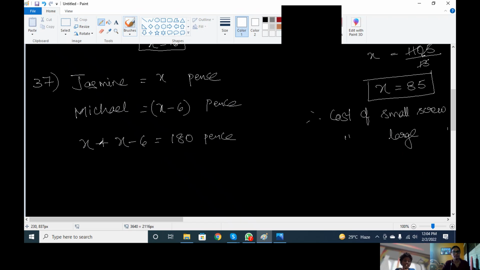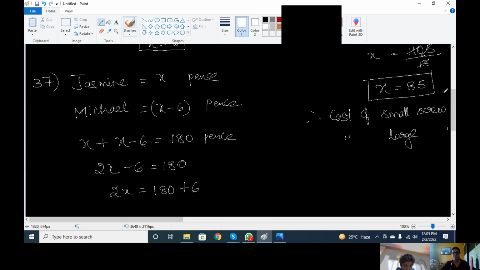Transpose the minus 6 to after the equal sign. So x plus x is 2x, minus 6 equal to 180. You transpose the minus 6, which will be plus 6, so 2x equal to 180 plus 6.